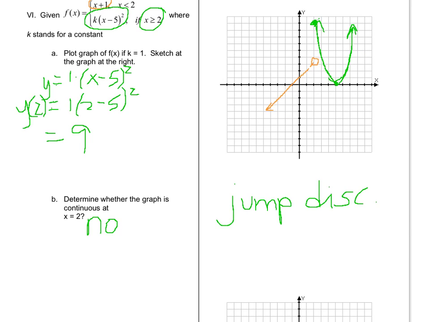Now for part C, it is asking you to find a value of k that would make this graph continuous. We plotted a function when k equals 1, and it certainly wasn't continuous. So I ask you now, think about what would have to happen to the graph in order for it to be continuous. What would have to happen to the y values for each part of the piecewise?